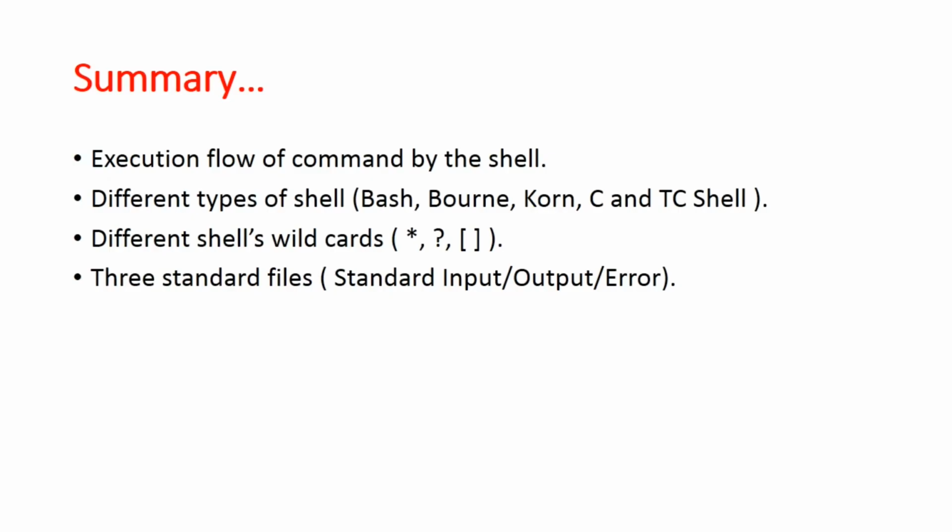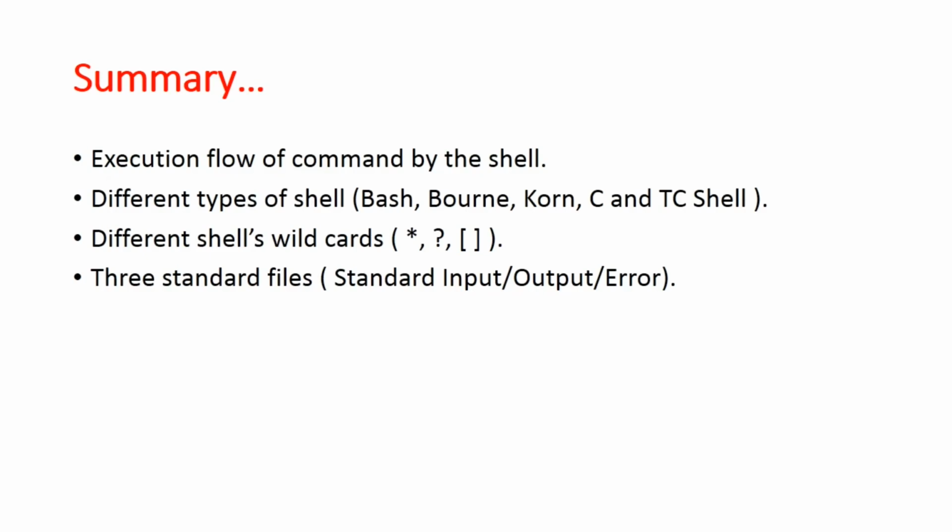To summarize session 3, you learnt how a command is executed by the shell in the interpretive cycle, and you learnt different types of shells available in Unix systems, like bash, Bourne Again shell, Bourne shell, Korn shell, C shell and TC shell.